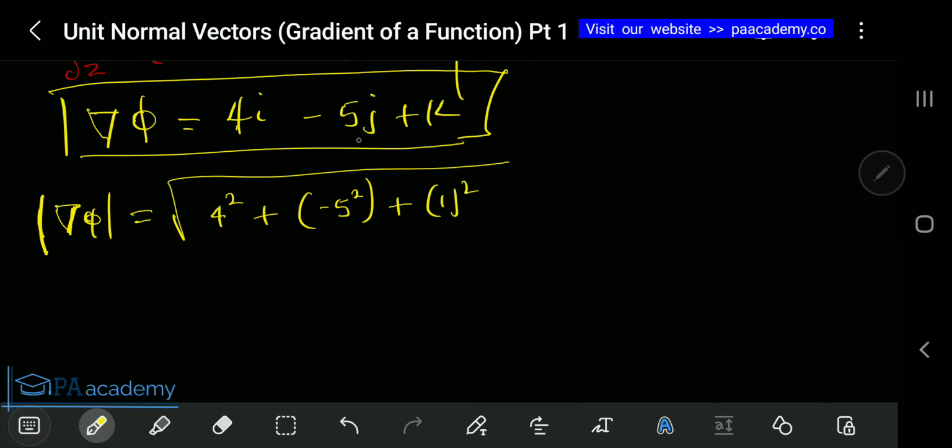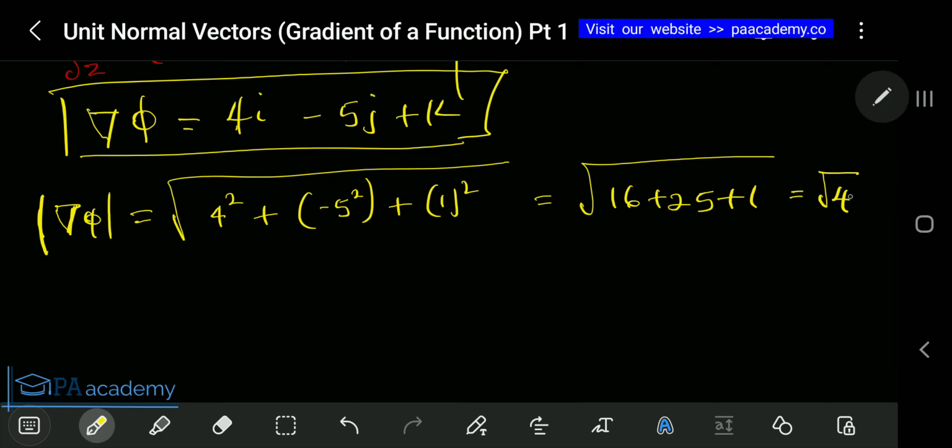So 4, this is it, the 5, this is it, and then 1, this is it. Exactly. So that's how you go about it. So that will give us square root of 16 plus 25 plus 1. And if you pull that together, you're going to be having square root of 49.